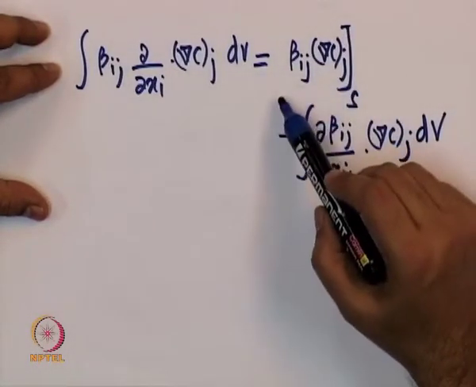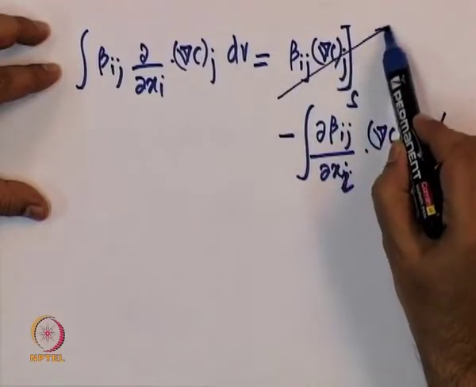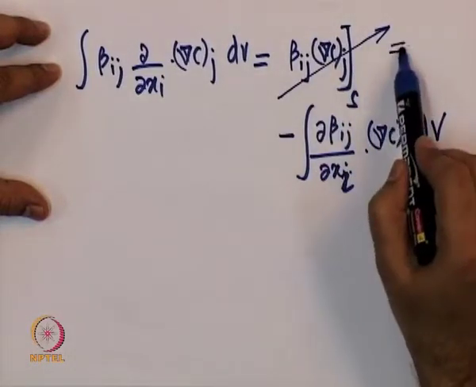There are several ways in which you can make this term go to 0, and we are going to assume that it is identically equal to 0.